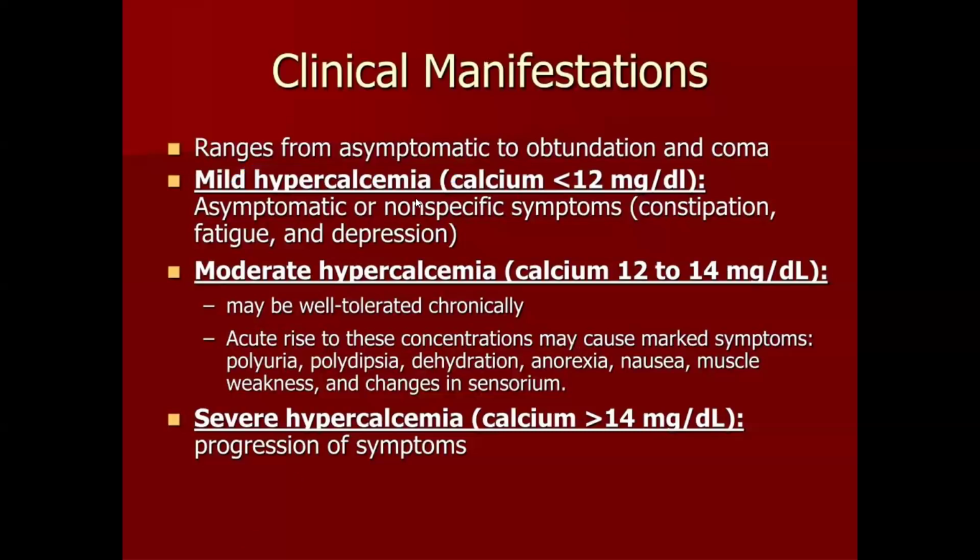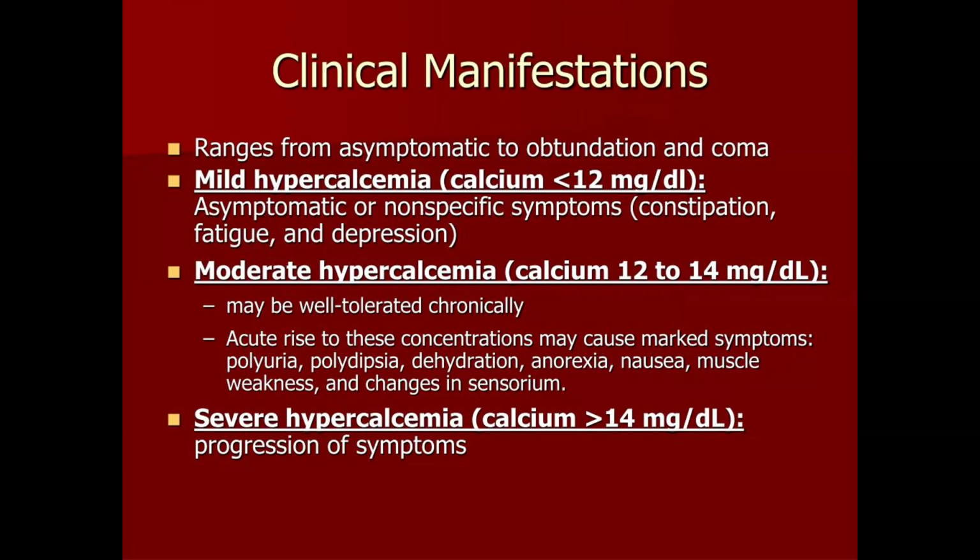The clinical manifestations of hypercalcemia depend on the calcium level. So we have mild, moderate, and severe. If you want to change these units from milligram per deciliter, in some countries they use the international system, like Saudi Arabia, for example. So you divide by 4.